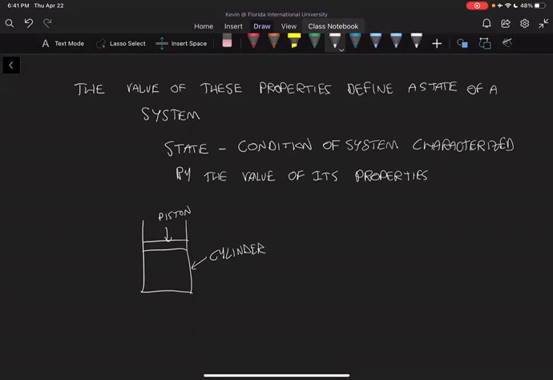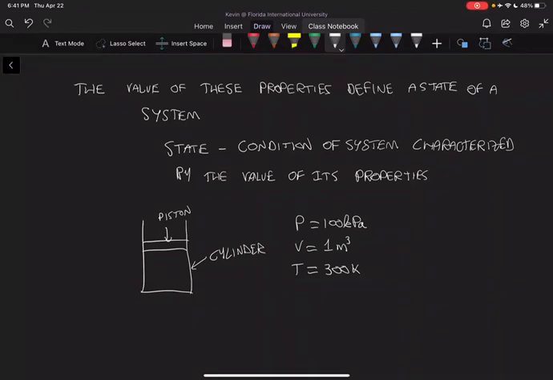So essentially the state of the system can be, for example, defined by pressure, volume, and temperature. Okay, so our pressure could be, for example, 100 kilopascals. And our temperature could be 300 Kelvin. And our volume could be 1 meter cubed, or cubic meter.